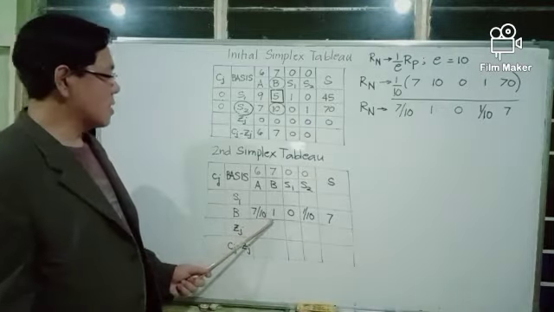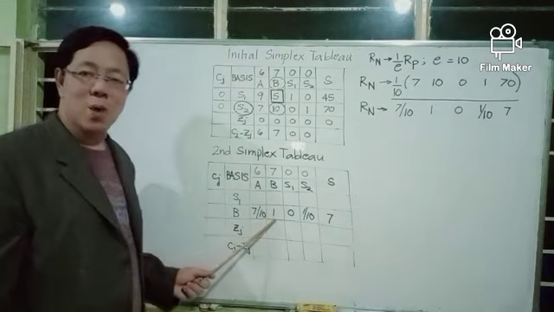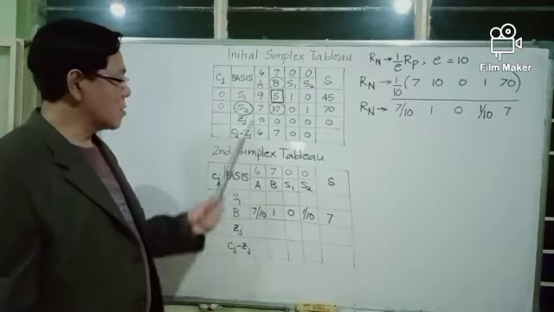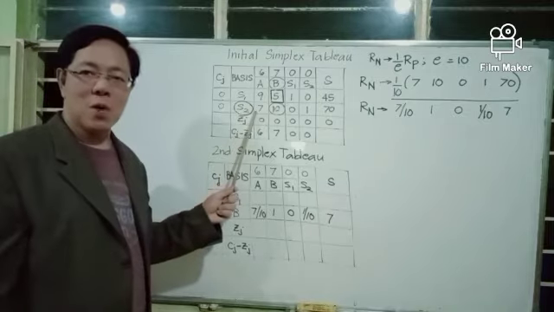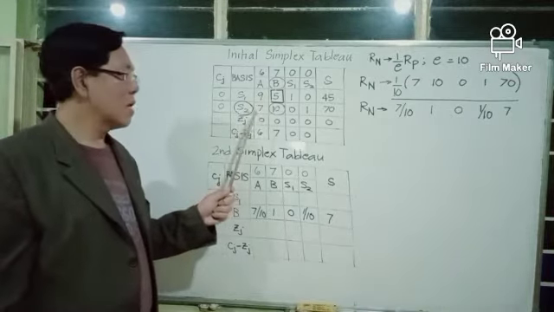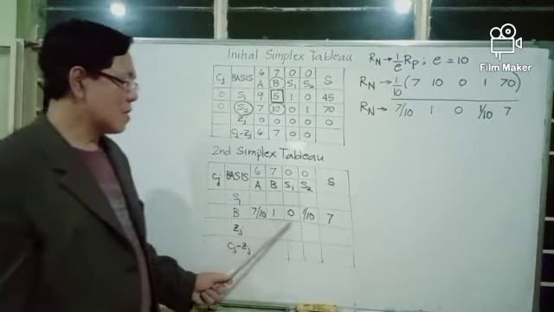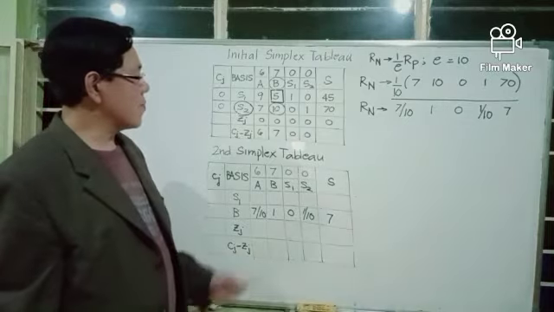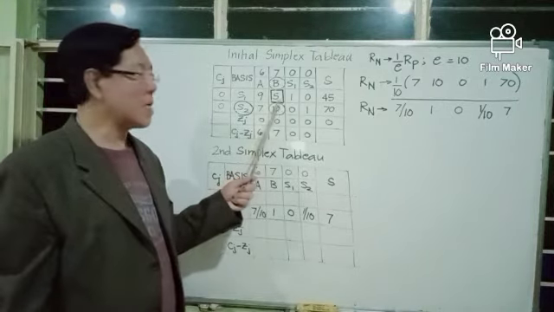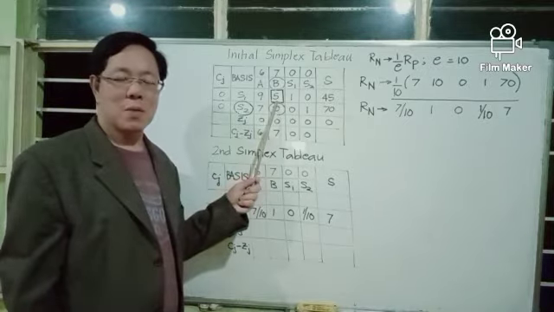Now you can see that the pivot element 10 has been changed to 1, and the other entries in the row of the outgoing variable have been changed to 7 over 10, 0, 1 over 10, and 7. The next step is we must change this entry 5 to 0.